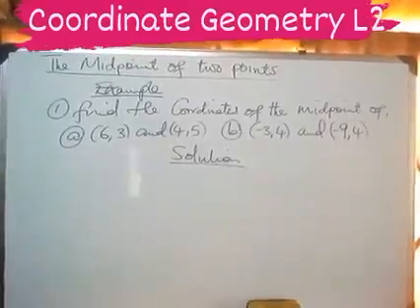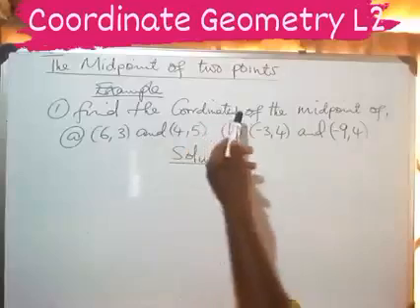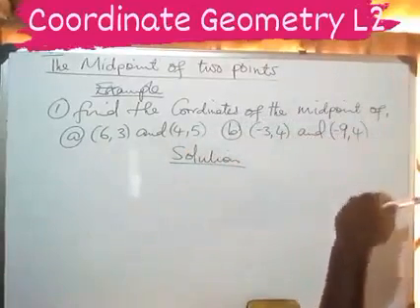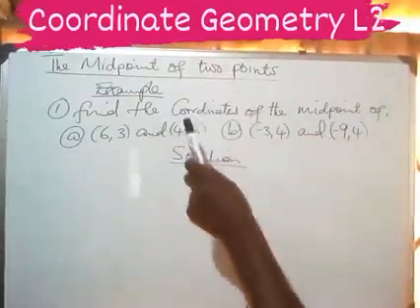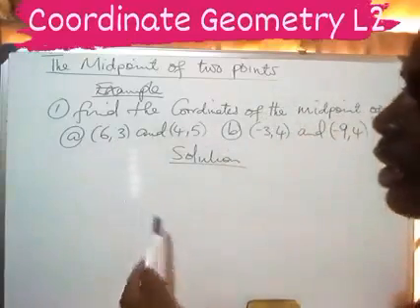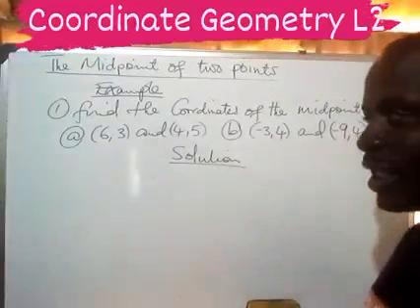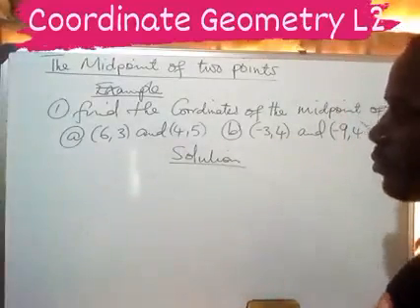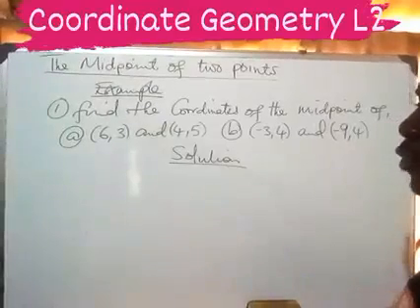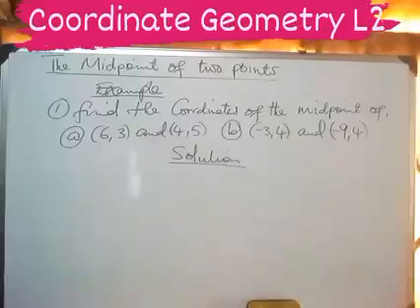So this is the example we have. The question is, find the coordinates of the midpoint of A. We have this point here, which is point 6, 3, and also this one is 4, 5. How do we find the coordinate of the midpoint?